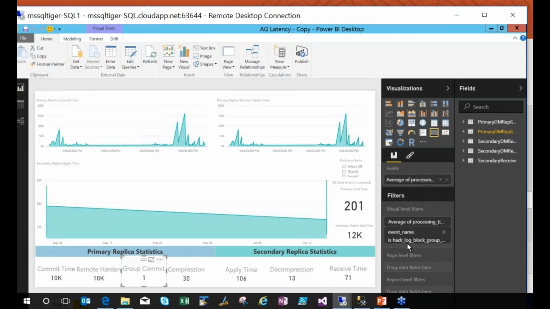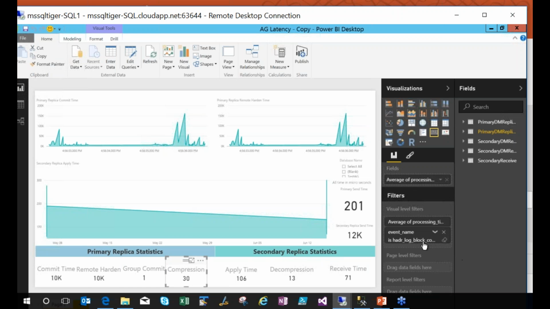This is a group commit. This is a new feature introduced for group commit, so unless you see a group commit on your transaction log, you will not need to be concerned with this particular wait. But sometimes group commits can be a source of problems when you're doing a lot of parallel transactions and flushing a lot of log blocks within a very short span of time.